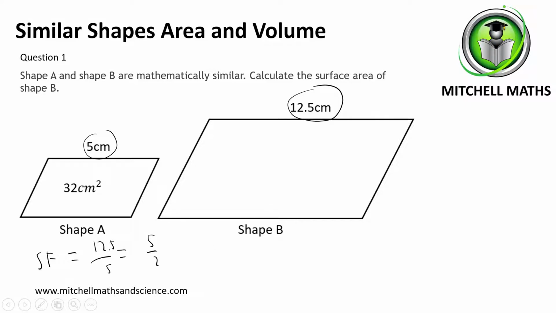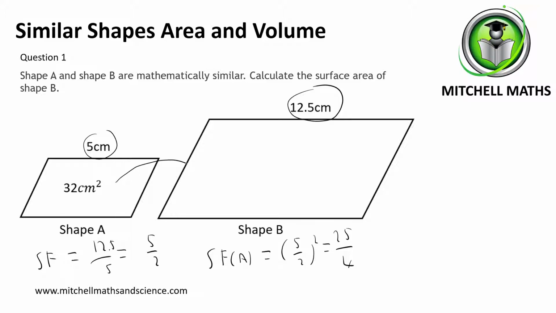Now I'm going to need to square the scale factor for the length in order to get the scale factor for the area. So the scale factor for the area would be equal to 5 over 2 squared, which would be 25 over 4. Now that I've got the scale factor for the area, I can work out the area of the enlarged shape.